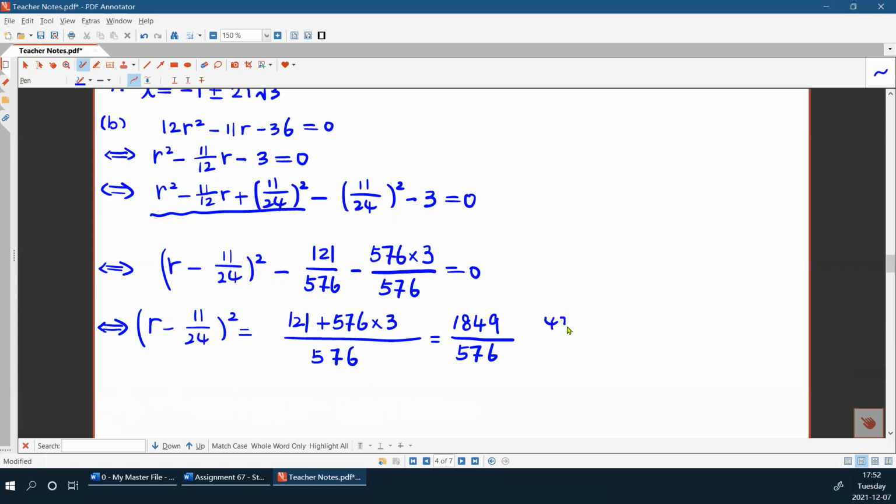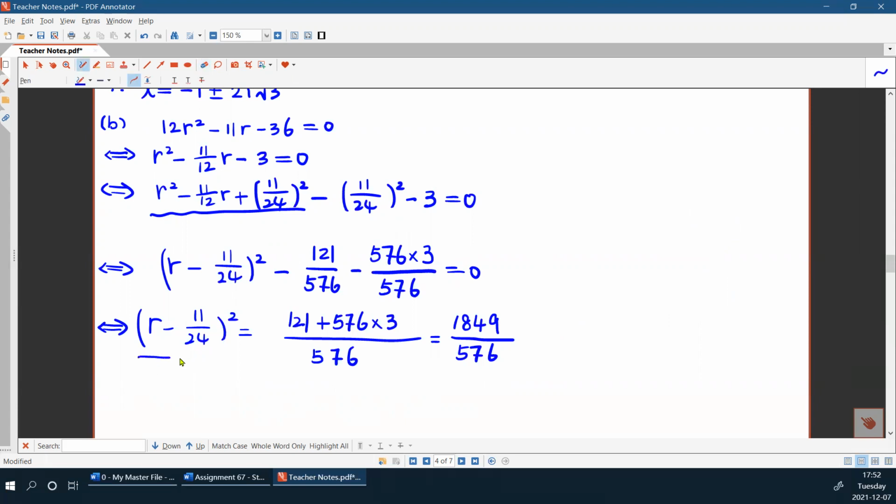Okay, so 1849 happens to be a perfect square number, right? Which is 43 squared. You can verify this. Okay, so that's a good thing.